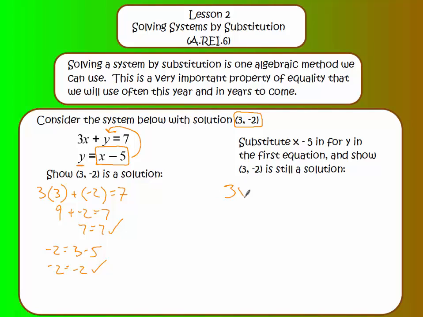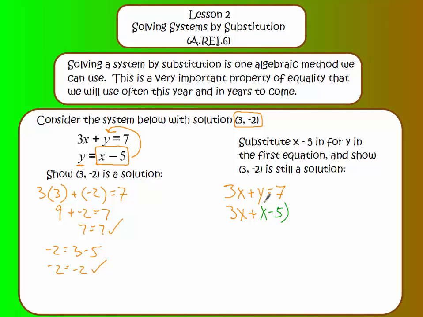First it says 3x plus y equals 7. So I'm going to plug in where the y is. I'm going to write an x minus 5. So I have 3x plus, and now instead of y, since y and x minus 5 are equal, I can replace it. So I'm going to replace the y with x minus 5.